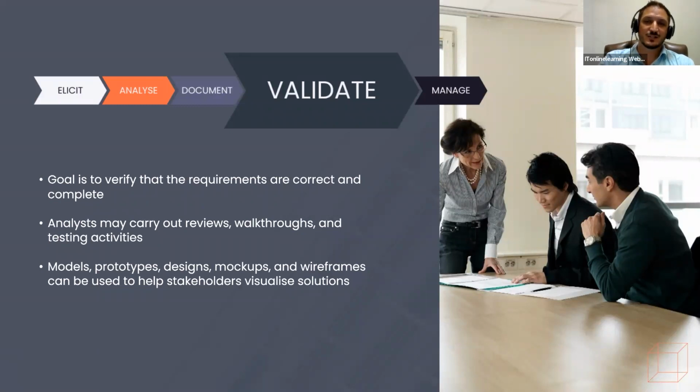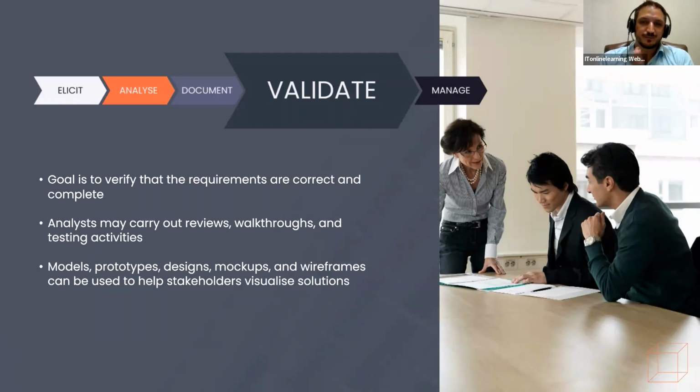And this validation, by using models, prototypes, designs, mock-ups, and wireframes, even scenarios, will help these stakeholders to visualize the new system and clarify the understanding of how the new system should be designed and how it's supposed to function when it's used in the operational environment.